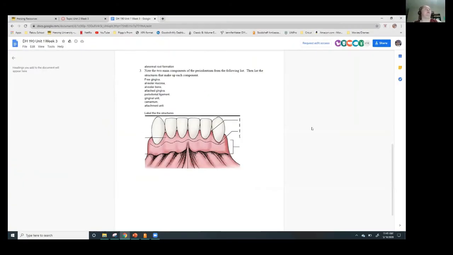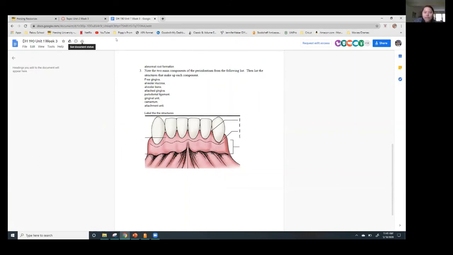There we go. Okay, so show us where the free gingiva is. You can use view options up above. You can use annotate, and you can just click on the arrow and then put the arrow on there.